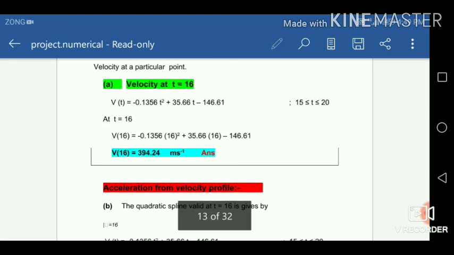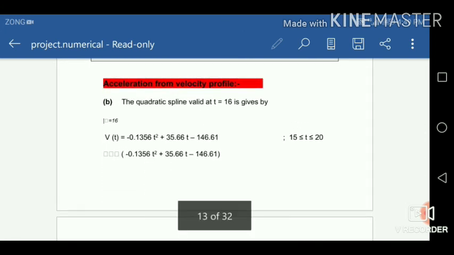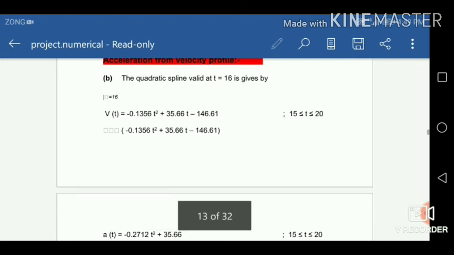So v of 16 equals 394.24 meters per second, and then we find the acceleration from the velocity profile. The quadratic spline valid at t equals 16 is given by the one between 15 and 20, so we first take the derivative of it, because we want the acceleration at t equals 16. v of t equals minus 0.1356 t squared plus 35.66 t minus 146.61.